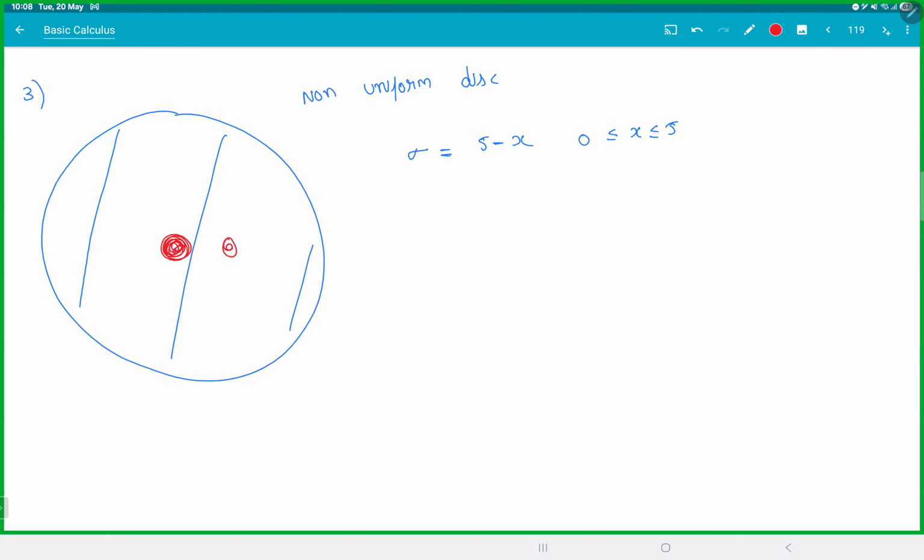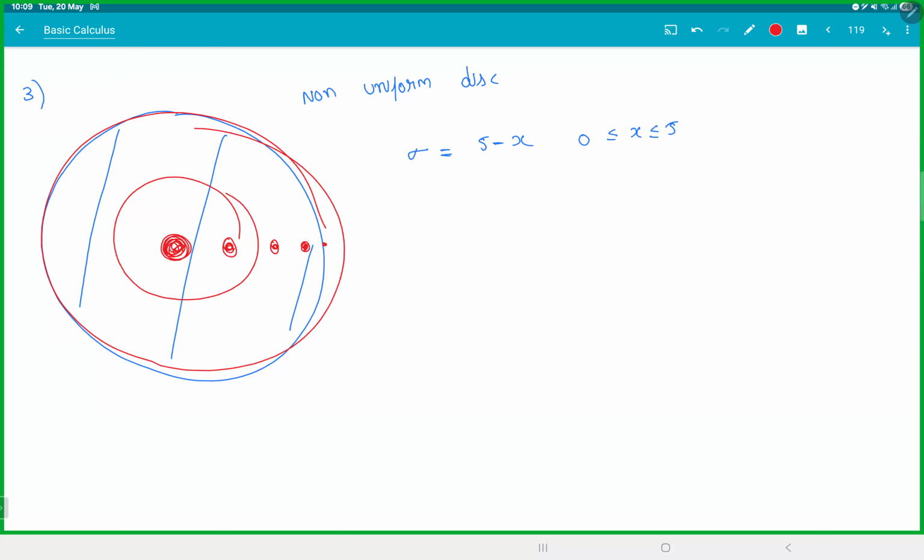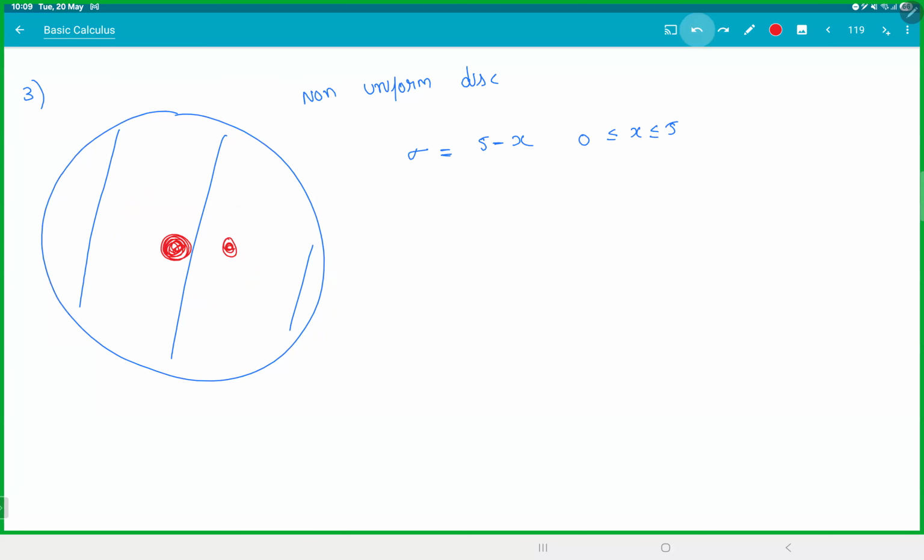As you go outside, it becomes lighter, and the outermost is almost 0. Means someone made the center with heavy metal, then little wood, then thermocol maybe on the outside. So this disk's mass is decreasing as you go outside. The radius is 5 meters. Sigma is called mass density, so 5 minus x kg per meter square. Find the mass of the disk.